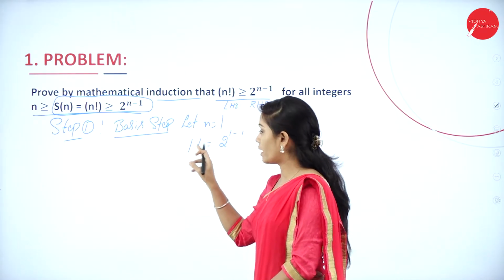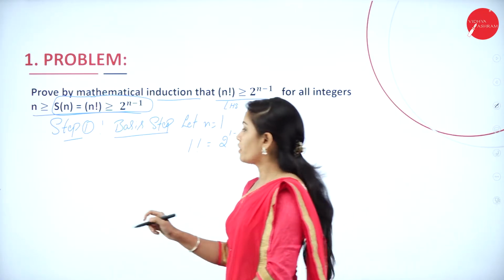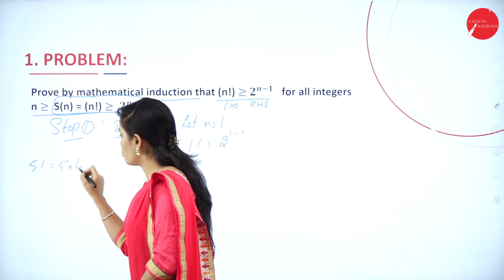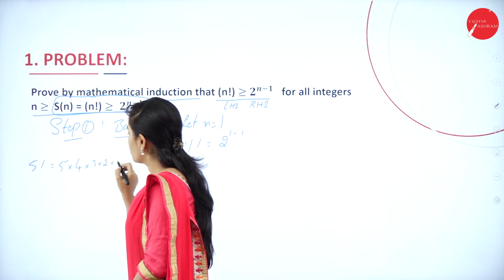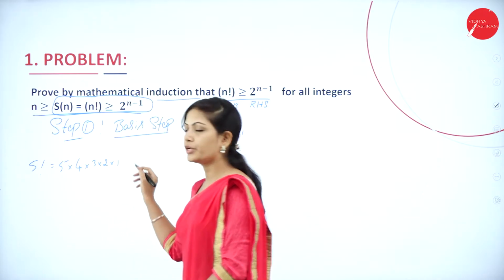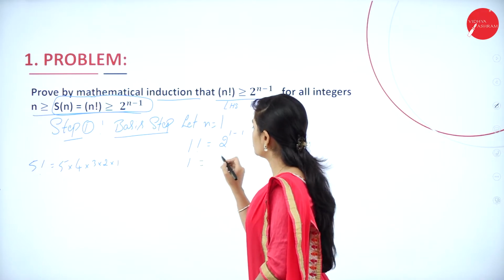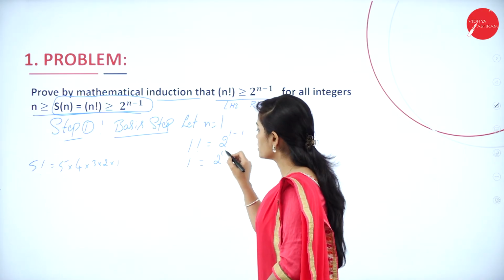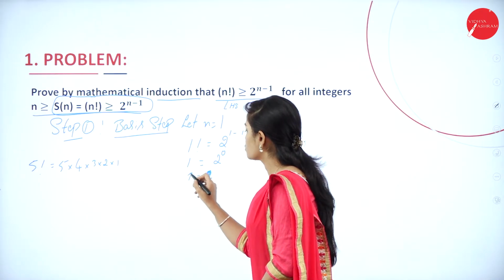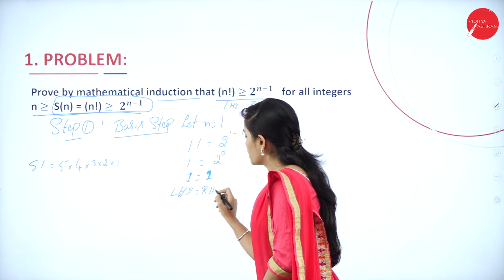So 1 factorial means it is 1 only. 5 factorial means 5 into 4 into 3 into 2 into 1. And 3 factorial means 3 into 2 into 1. And 1 factorial means 1. Clear? So 1 is equal to 2 power 1 minus 1, which is 2 power 0, which is 1. So 1 equals 1, that is LHS equals RHS.